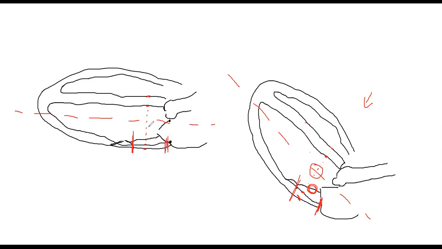Right in the middle of that is where we want to make that measurement. And we don't want to include any of that, okay? And we want to be perpendicular right there, all right? So we want to come straight down that way. That's going to give us our most accurate measurement of the left ventricle, and that's where we want to be, okay? Again, hopefully this was helpful to you.